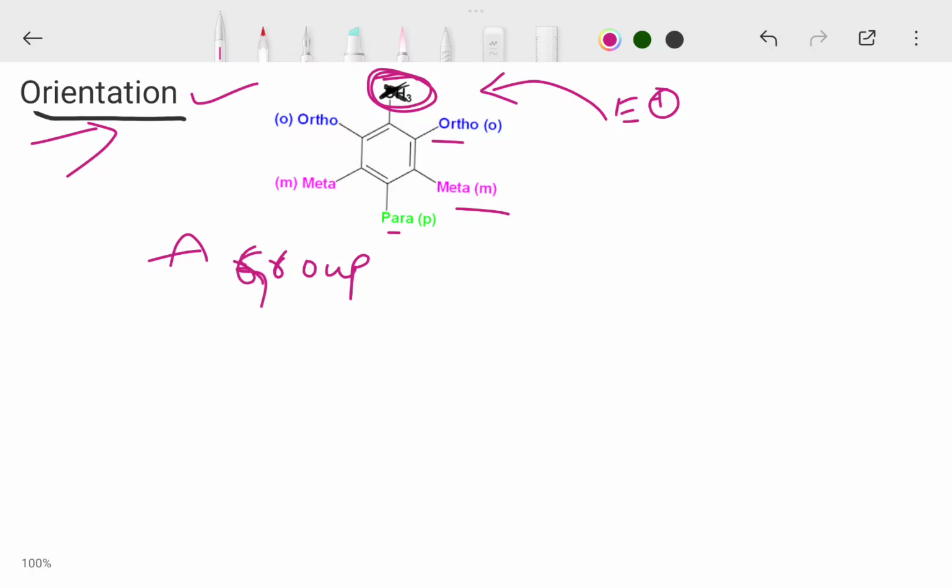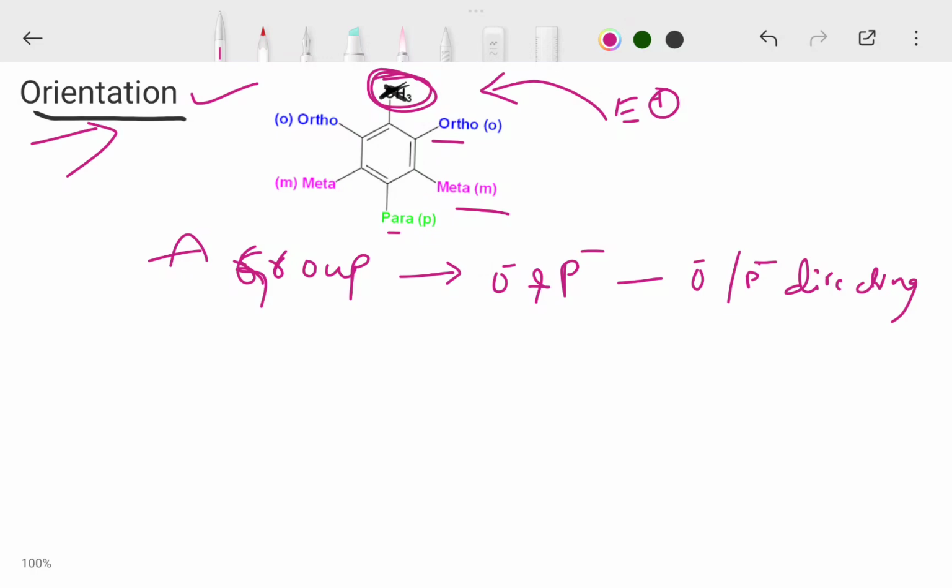that causes attacks to occur mainly at ortho and para positions is called an ortho para directing group.